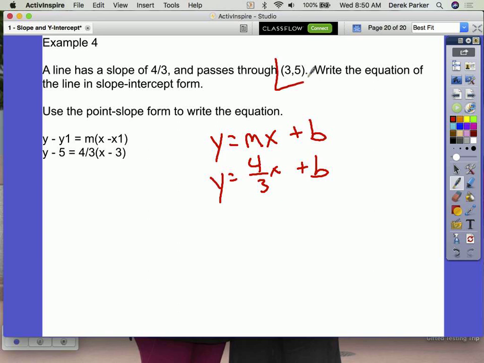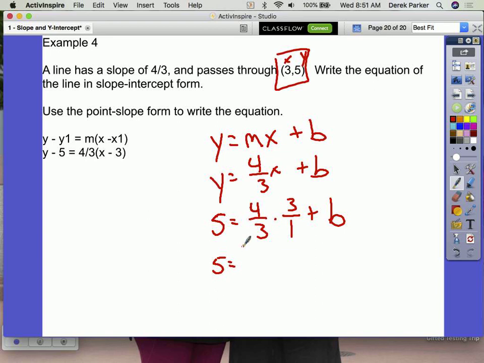Now, I've been given a coordinate, 3, 5. So I'm going to take that coordinate and plug it into this equation. Remember, x is 3, y is 5. 5 equals 4/3 times 3 over 1 plus b. And my main goal is to solve for b, to find the y-intercept.